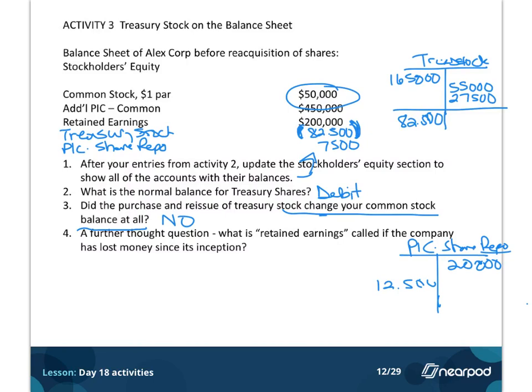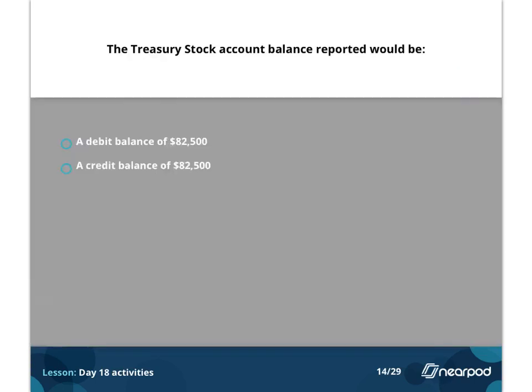Sometimes we come across a balance sheet and you'll see something called accumulated deficit. This was just a little bonus information. What that means is that the company has lost money since its inception if you see an accumulated deficit instead of retained earnings. All right, we're moving on to this now.